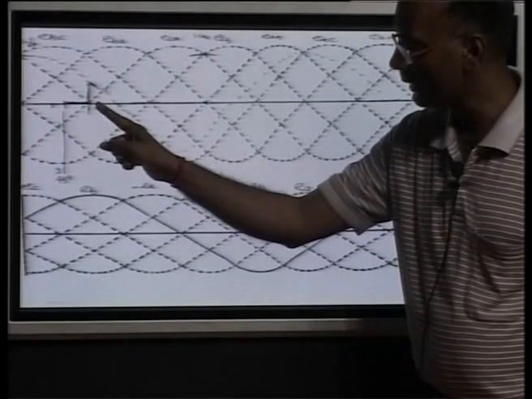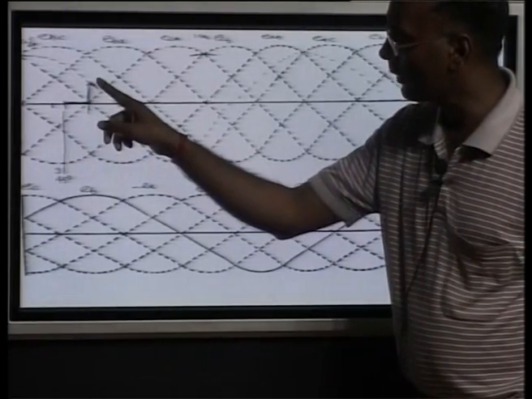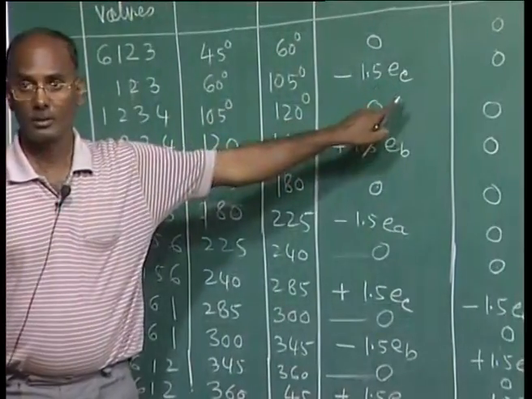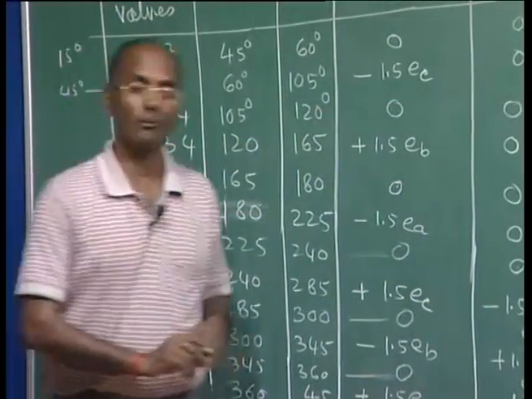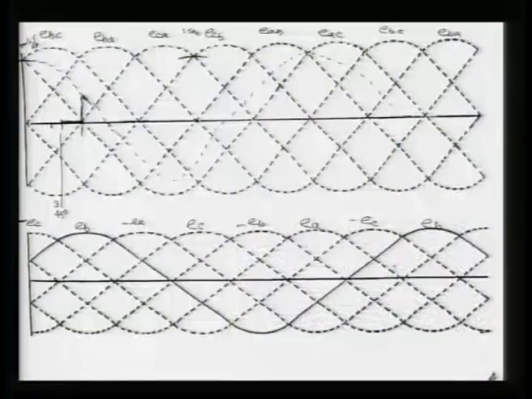After that the commutation of the lower limb is gone, so it suddenly follows this minus 1.5 EC. Then it will continue, and we have to find another after 60 degrees, because this will go for 45 degrees. The 45 degrees here, this was 30 degrees, so it will go up to here, and this is your output voltage up to this period.